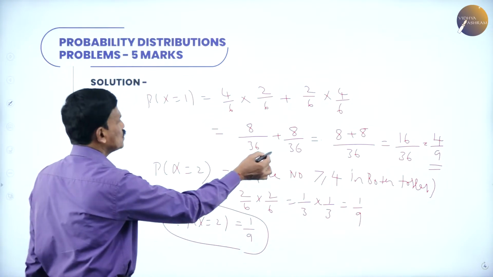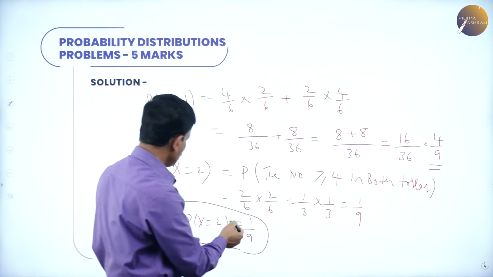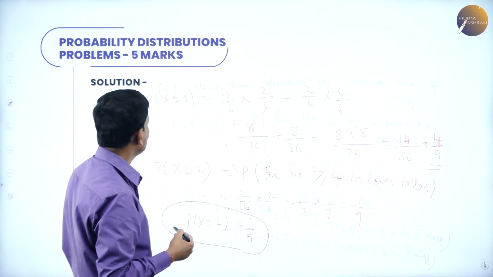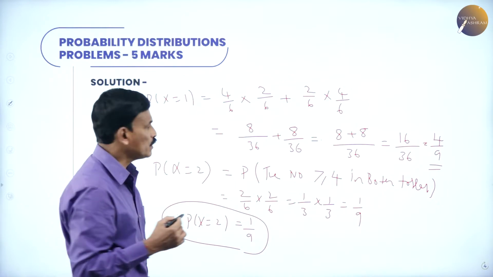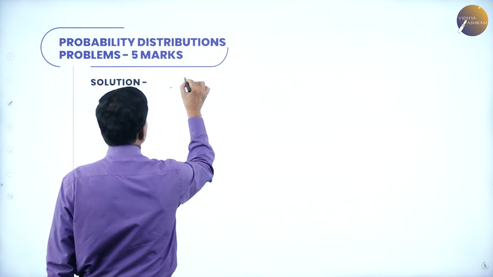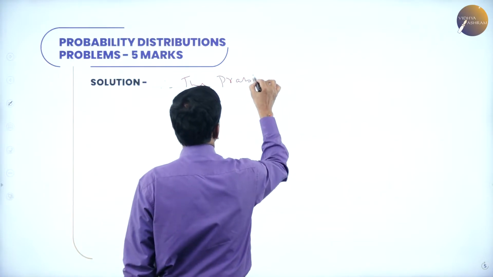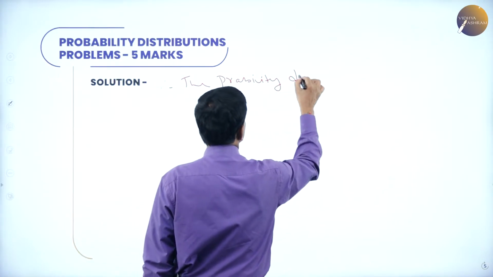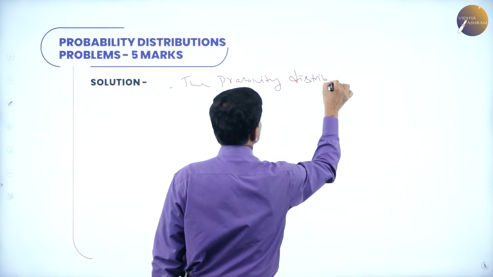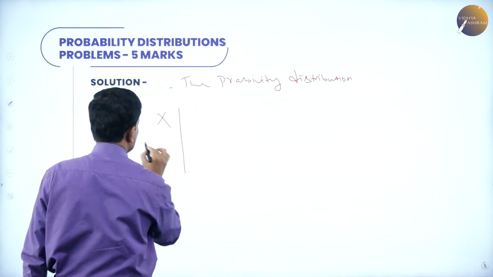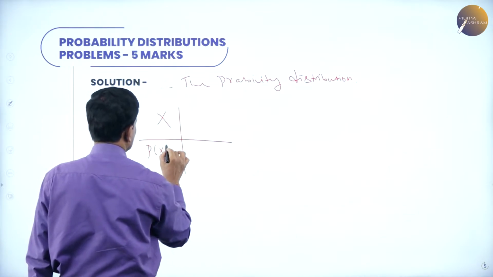Therefore, probability of x is equal to 2 is 1 by 9. So, probability of x is equal to 1 is 4 by 9, x is equal to 2 is 1 by 9 and x is equal to 0 is 4 by 9. Therefore, the probability distribution for the first case is x and p of x.